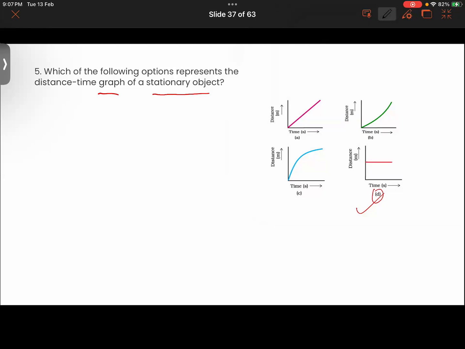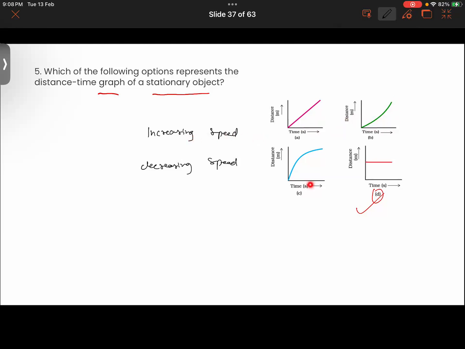Can you guys tell me one more thing? Which option represents an increasing speed and which one represents a decreasing speed? The increasing speed is A and decreasing speed is B. Decreasing is actually C. See how? If you see a curved line which is pointing upwards, then you understand that this represents an increasing speed.